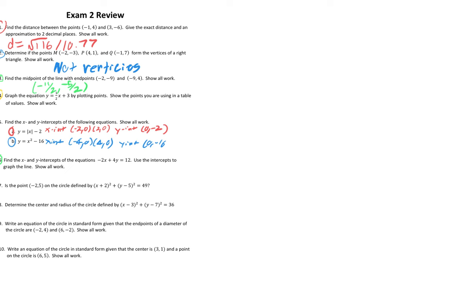Alright, so looking at number 6 here, we want to find the x and y intercepts of the equation negative 2x plus 4y is equal to 12. So we know that for our x-intercept, we're going to set y equal to 0.